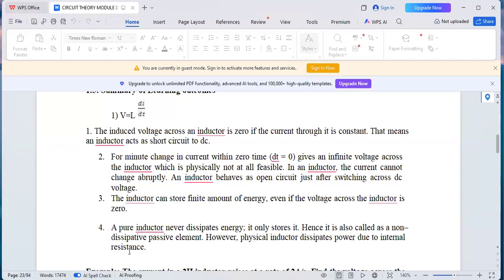Which means that when we refer to dissipation of energy, it should be passing some current, physically. But ideally, the inductor is not supposed to pass current, just as resistors oppose current and change the energy to heat energy.